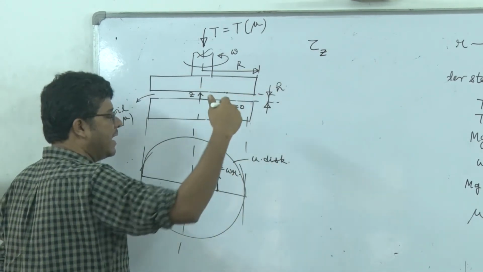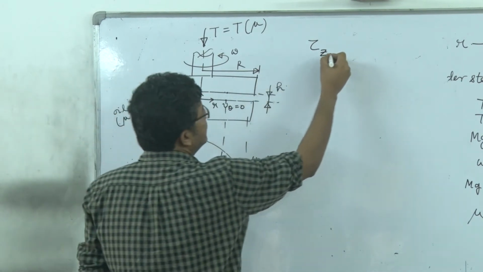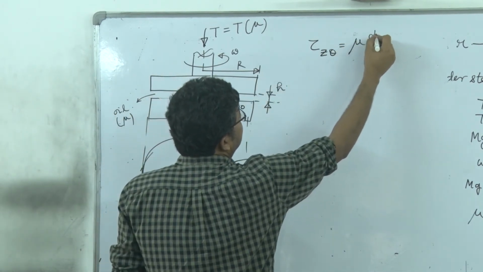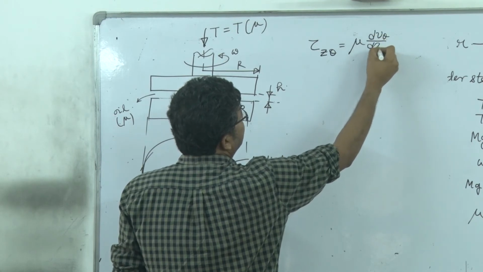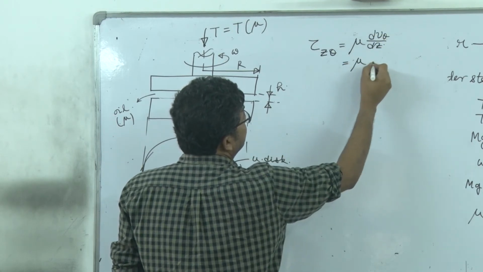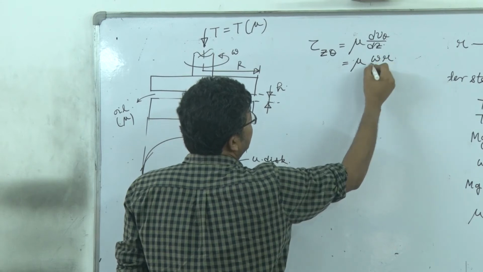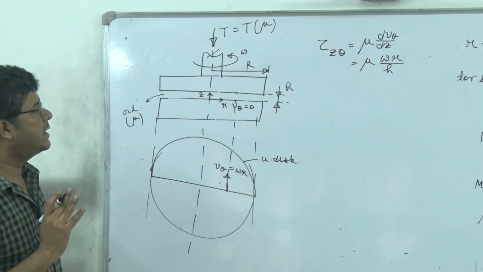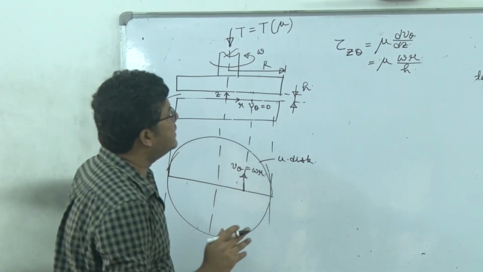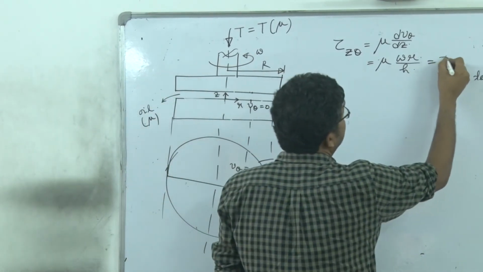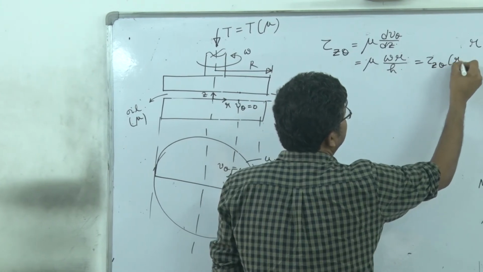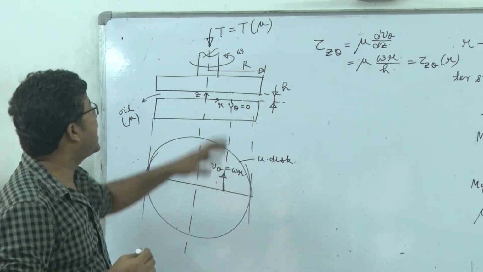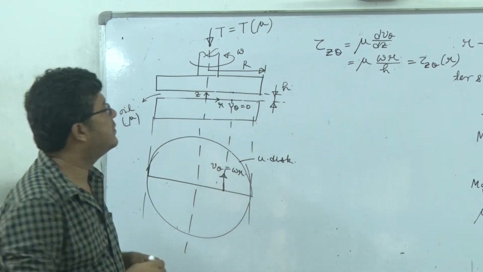The force is acting along the tangential direction, so force direction is theta, and that's equal to mu into dv theta dz. So dv theta is omega into r, and this is h. So you have got tau z theta, which is a function of r. So it's changing, so we have to calculate the torque by differential analysis.